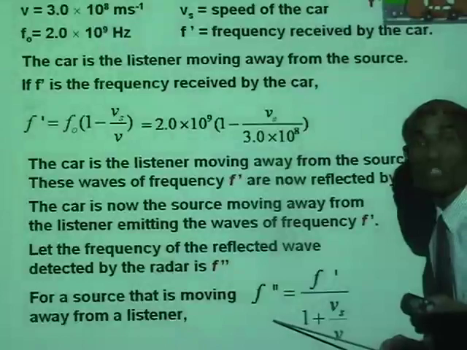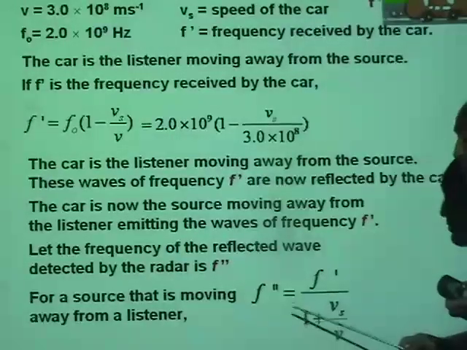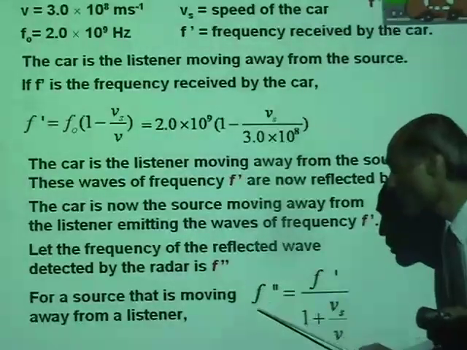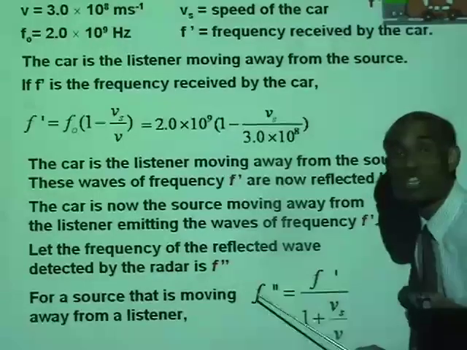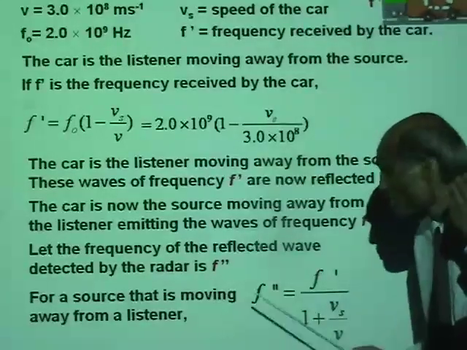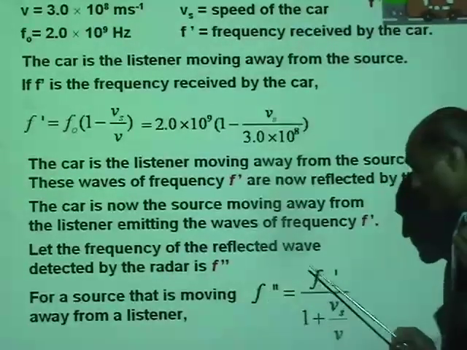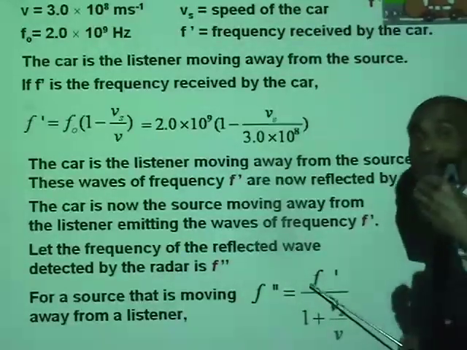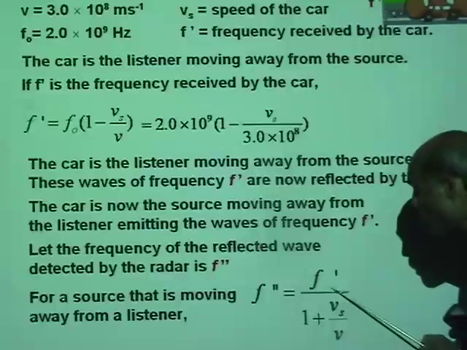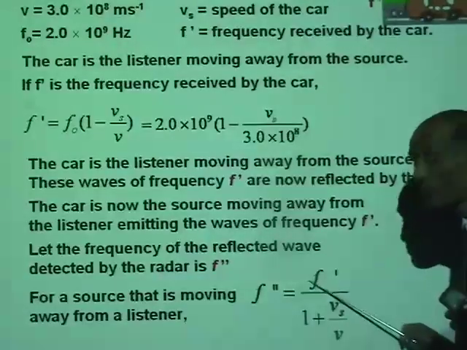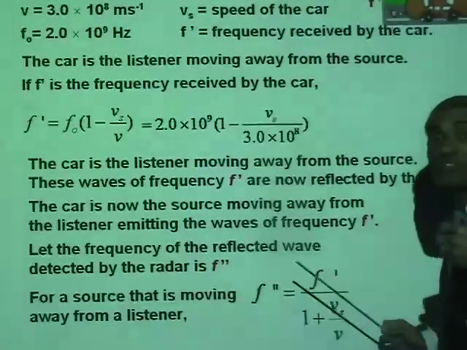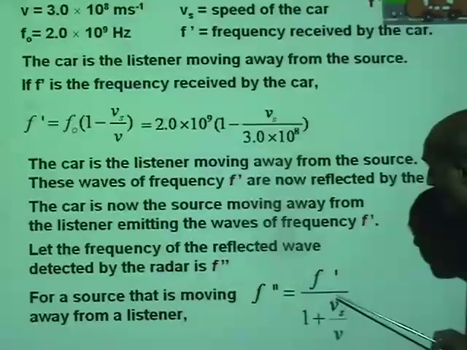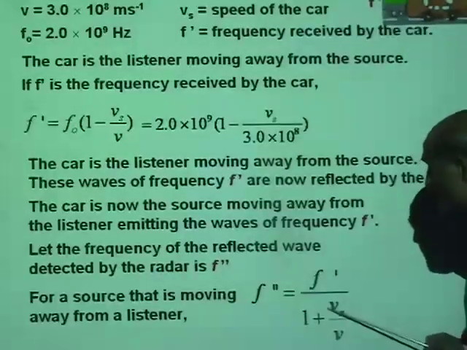This is the equation we just about 10 minutes ago derived. This is the equation for the frequency received by a stationary listener when a source that is moving away gives off this frequency, the frequency given off by the source that is moving away with this speed.